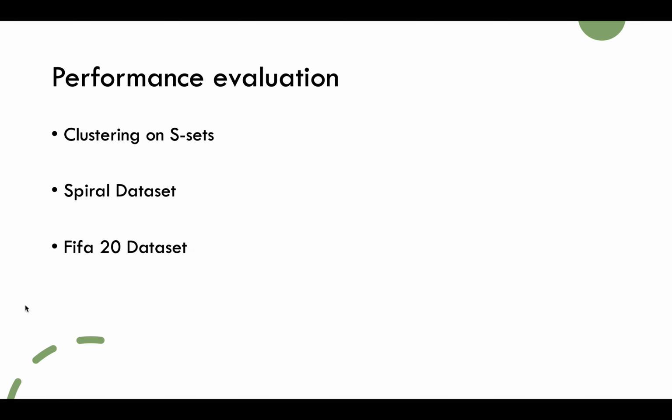In several sets that have been used in this project, the k-means algorithm has performed better than the hierarchical algorithm. That's why I have chosen to go ahead with the k-means algorithm for my FIFA 2020 dataset, because it showed higher accuracy on both the S sets and the spiral data sets.